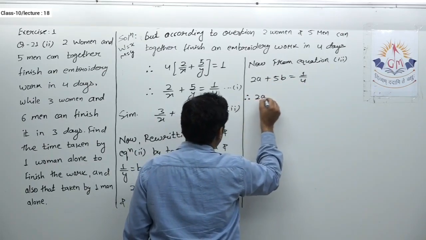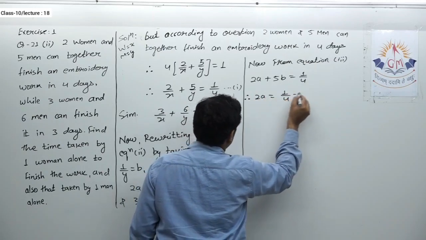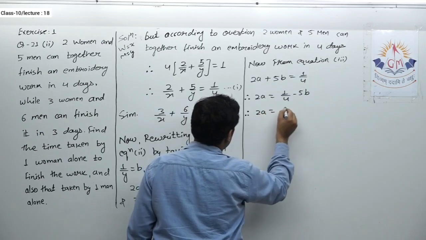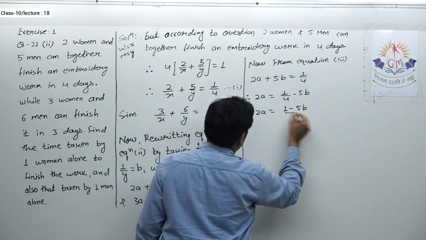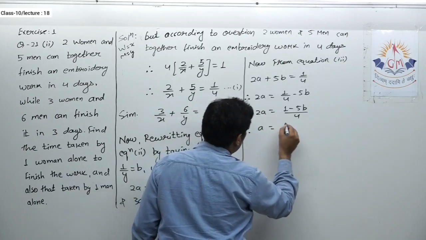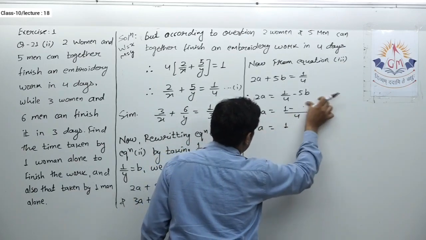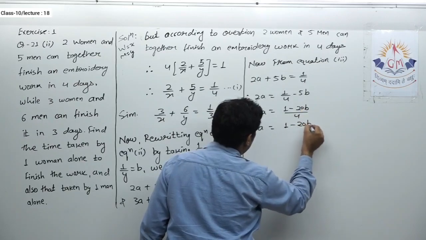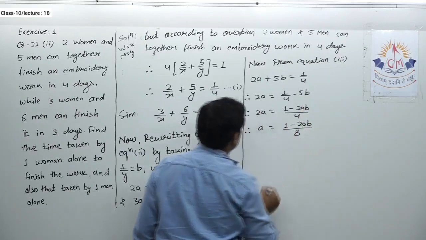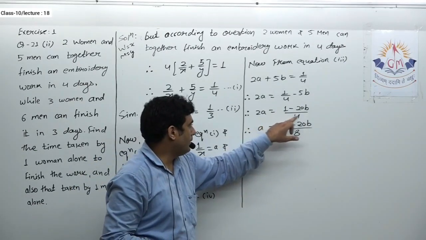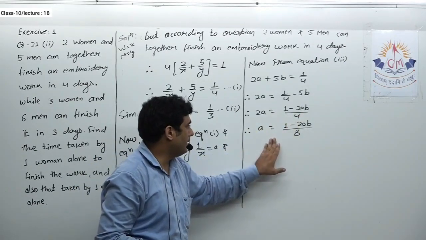Therefore 2a is equal to 1 upon 4 minus 5b, so 2a is equal to 1 upon 4 minus 5b upon 4, which is 1 minus 5b upon 4. So a is equal to 1 minus 5b upon 8. Okay, 1 minus 20b upon 8? This is the value of a.